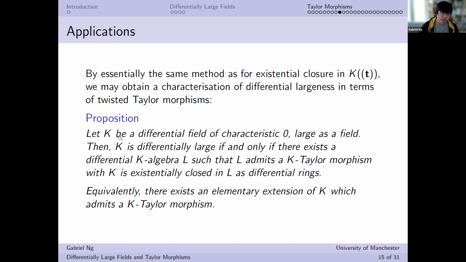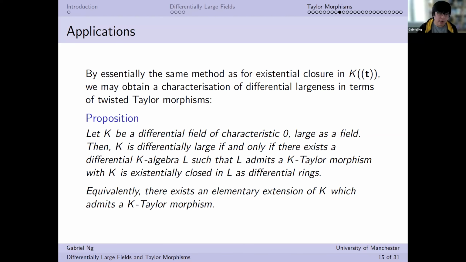For example, let K be a differential field of characteristic 0, which is large as a field. Then K is differentially large if and only if there exists a differential K-algebra L which admits a K-Taylor morphism with K existentially closed in L as differential rings.